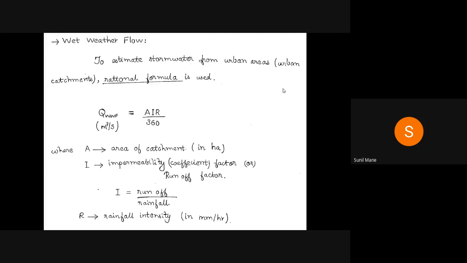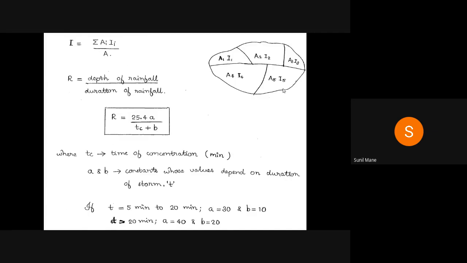In the case of wet weather flow, whatever we calculate depends on the kind of situations available. We utilize the rational formula, in which we have the AIR factors: catchment area, impermeability, and rainfall intensity. Depending upon those factors, we can calculate and find out the details in that formula.